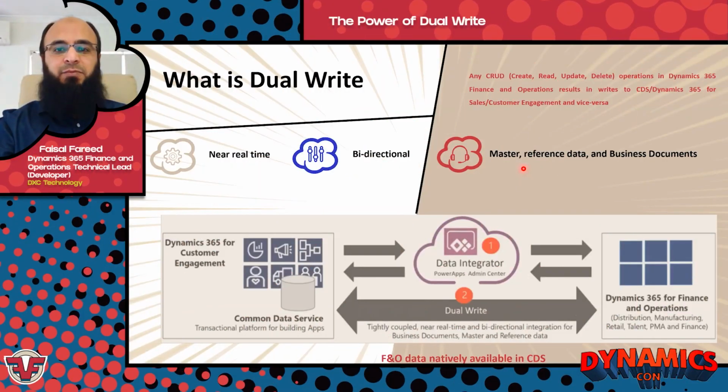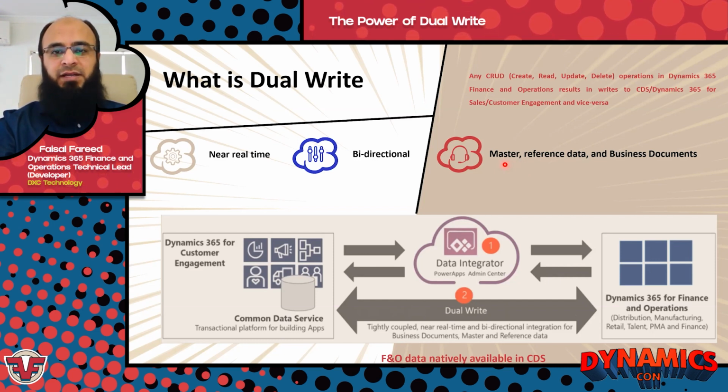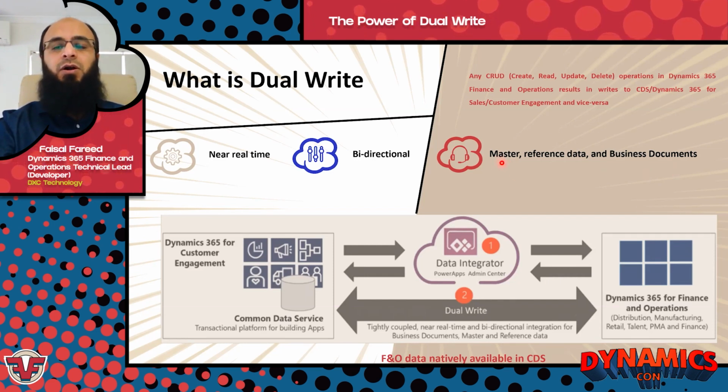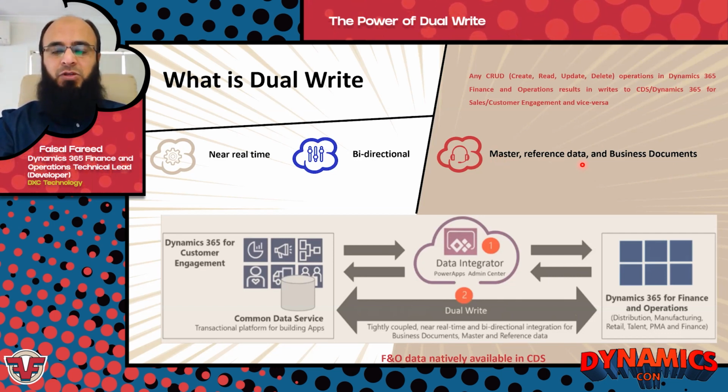What data types can you move across the environments? It can be of any type. When I say any type, you can use your master data, your reference data, and your business documents. Master data is always the customers and vendors. If you want to see reference data, you can say sales tax groups, project groups, customer groups, vendor groups, and then business documents.